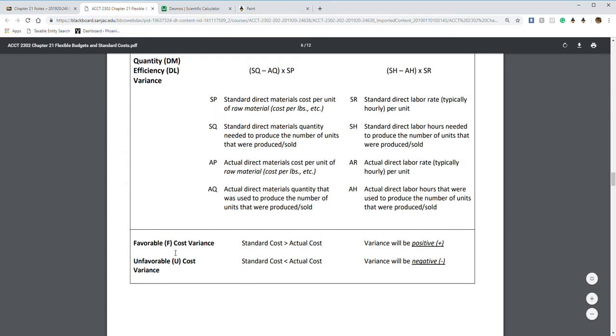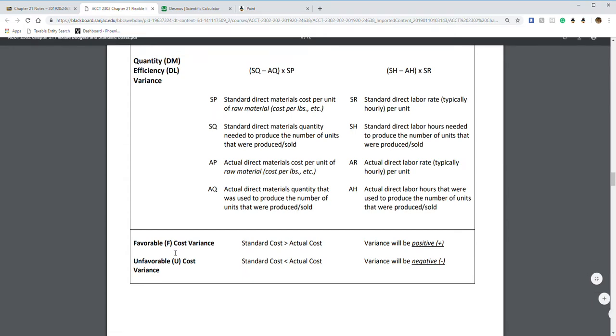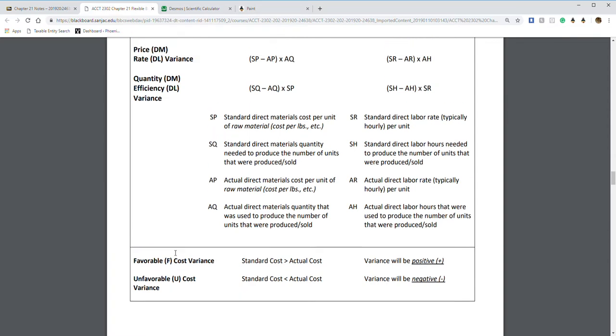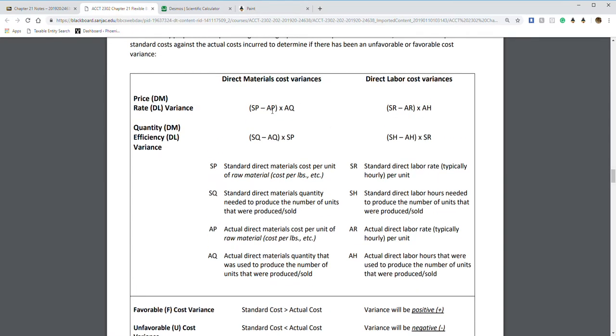We still gotta know if it's favorable or unfavorable. It's really easy with direct labor and direct materials. If actual outweighs standard, then that's going to produce a negative. And if it's negative, it's unfavorable. I mean, we didn't budget correctly.